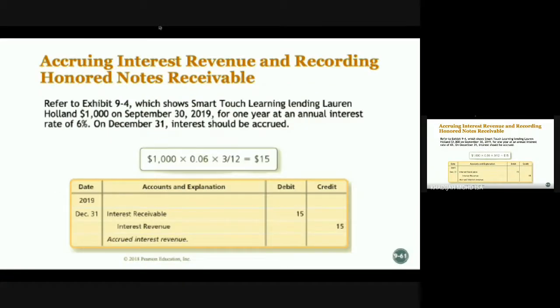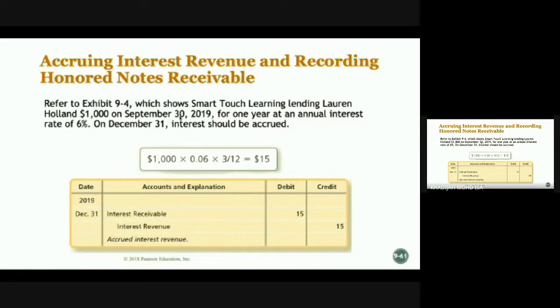Accruing interest revenue means that whenever the time comes, you have to recognize your interest. So you have a note dated September 30th, 2019, for 1 year at an annual interest rate of 6%. For year end 2019, you have October, November, and December, 3 months, because this one is already the end of September, so you don't include September in your computation.